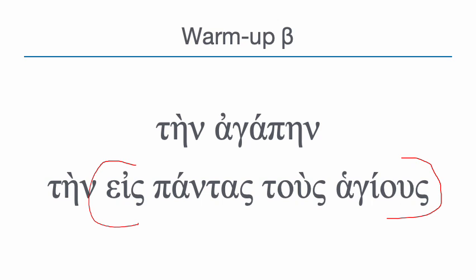So we have the love, and if you recall what we talked about in previous class, when you have an article in front of a prepositional phrase, that puts that prepositional phrase into the attributive position, it makes it function as an adjective. You're going to add a relative pronoun, that, which, or who, depending upon the context.